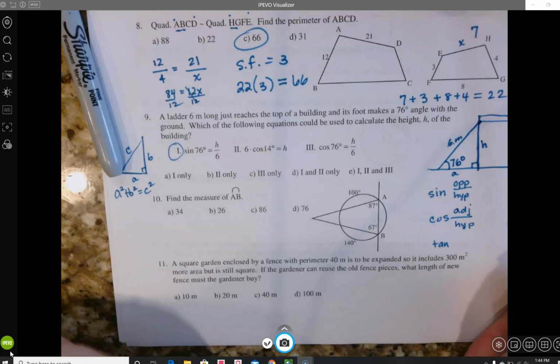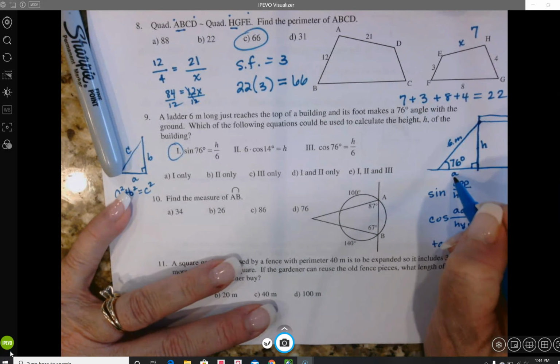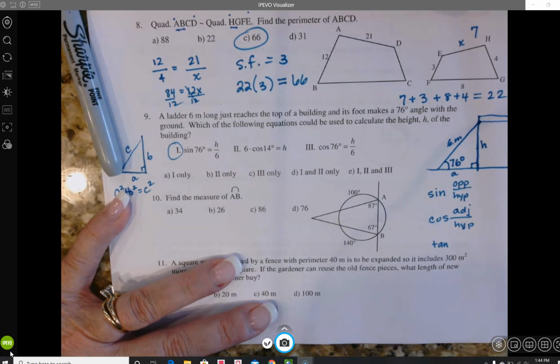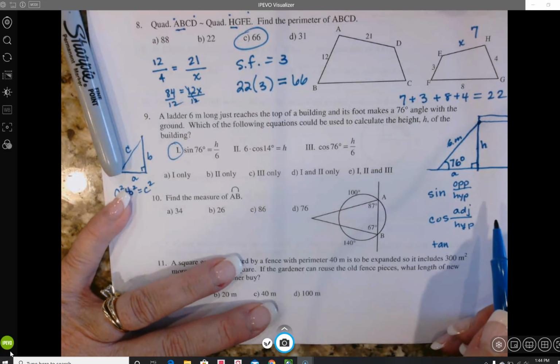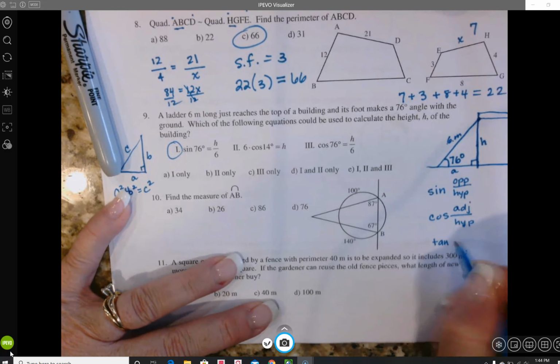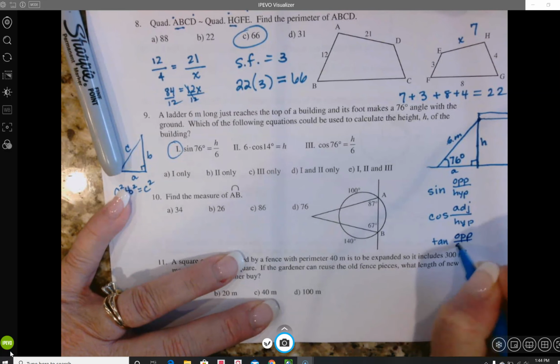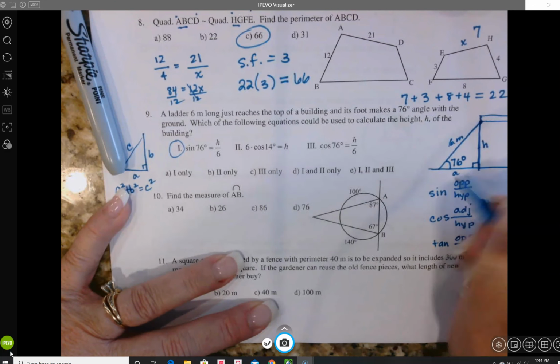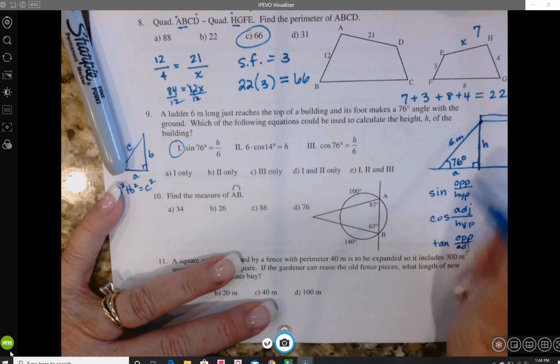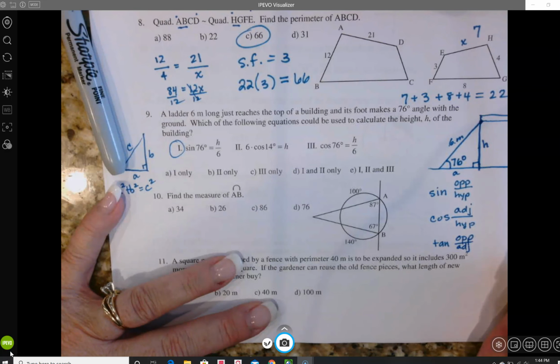So that's not really going to help directly. Let's see. And then tangent is going to be opposite over adjacent. So that would be h over a, which, we need to use this 6 somewhere.